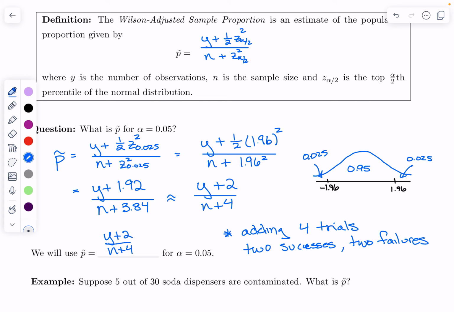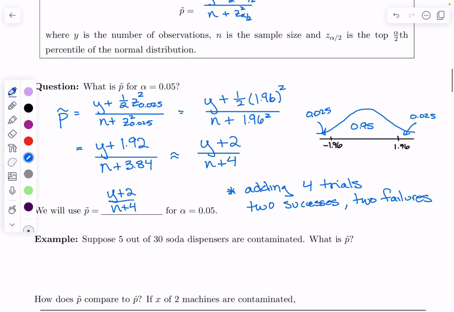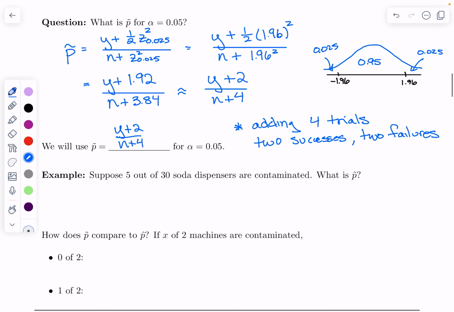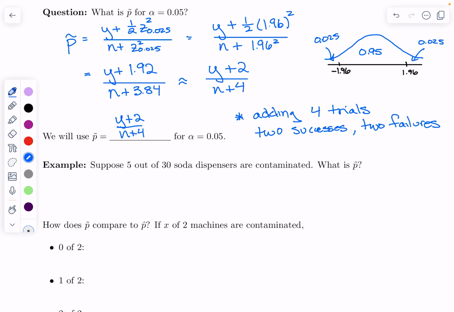So let's use the Wilson adjusted sample proportion to estimate the number of soda dispensers that are contaminated. Here we have p tilde is 5 plus 2, because we're adding 2 success trials, over 30, which is our n, plus 4, which is a total of 4 additional trials.